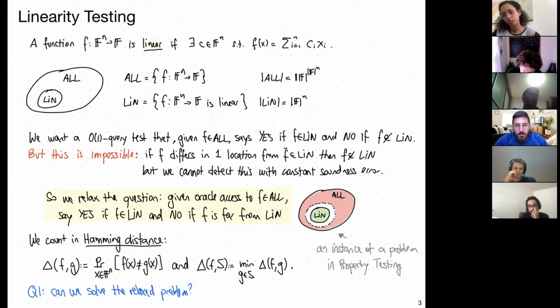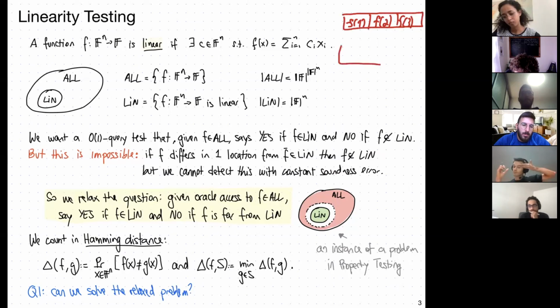So what I want you to have in mind is, we have a vector, f of 1, f of 2, f of 3. It's a finite field, so there are just a bunch of locations where you can evaluate f. And similarly, you might have another function g, with g of 1, g of 2, g of 3. Now what would be the Hamming distance here?